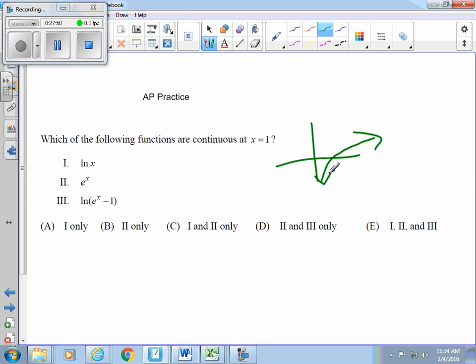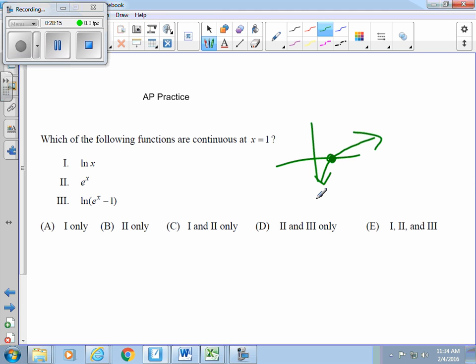What's natural log of 1? 0, how do you know? A logarithm of 1 is always 0, right? Because anything to the 0 power is 1, right? You need to memorize that, by the way.